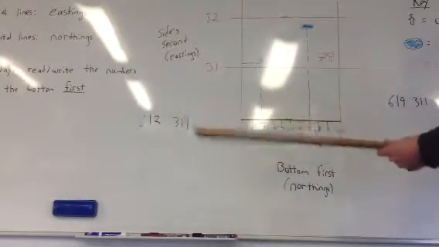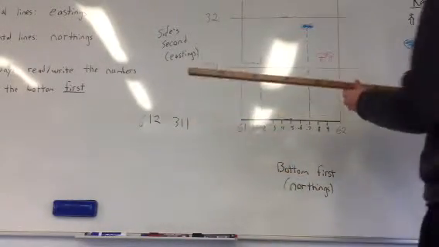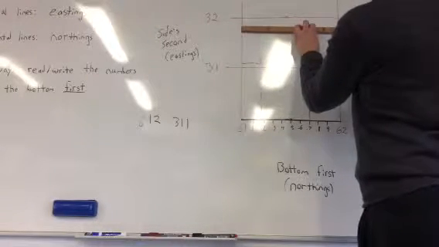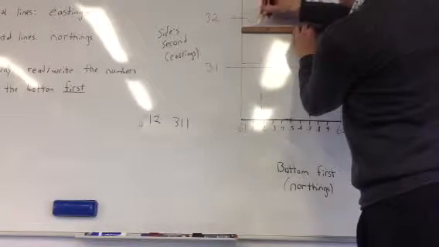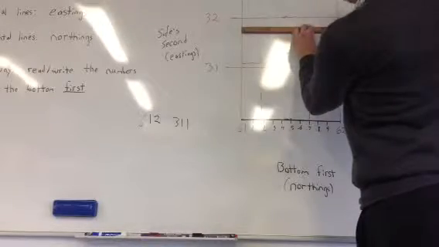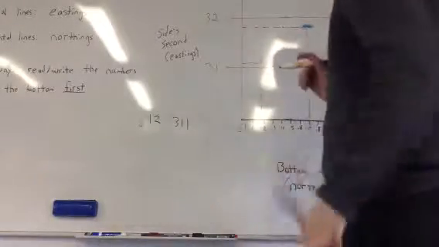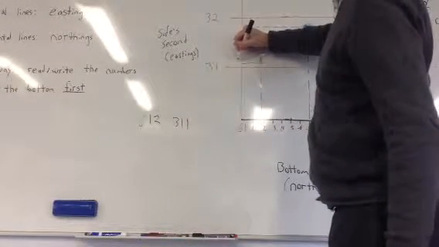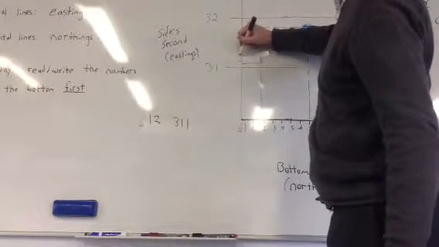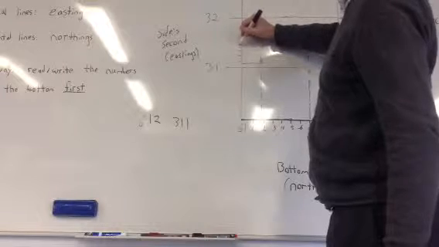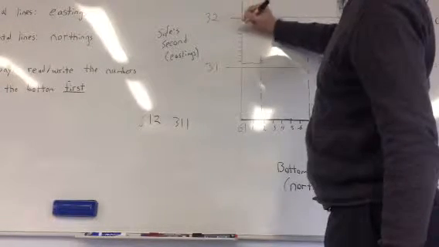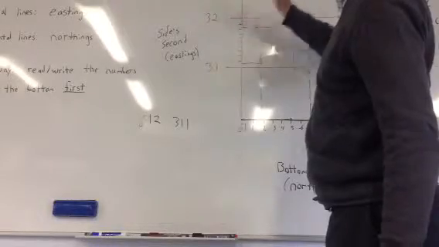Then we need our second set of three, and we look at the sides. Again, you would just count up: 1, 2, 3, 4, 5, 6, 7, 8, 9.